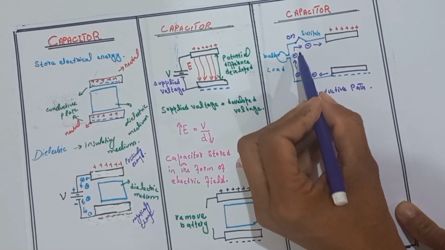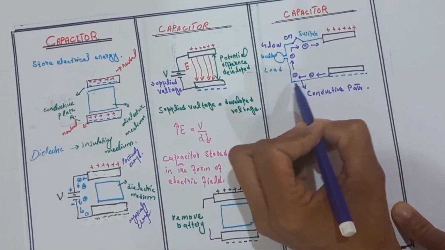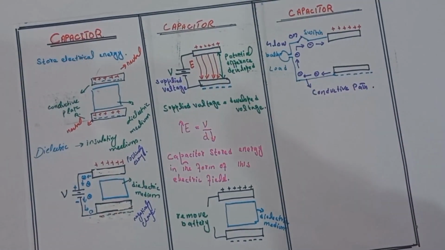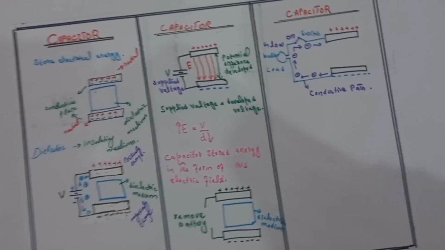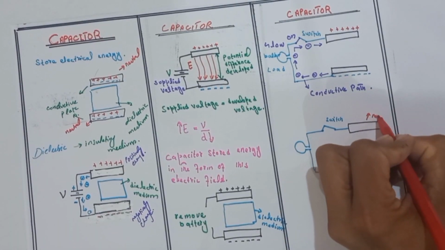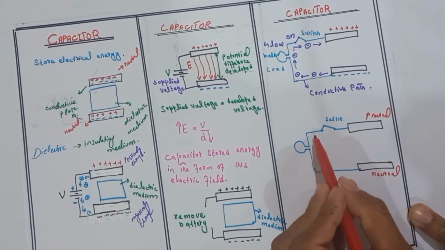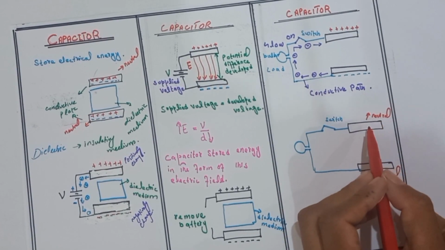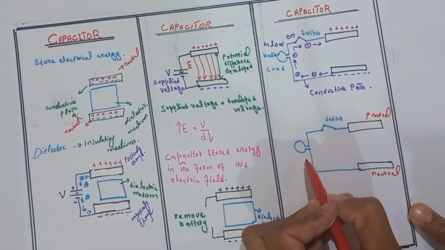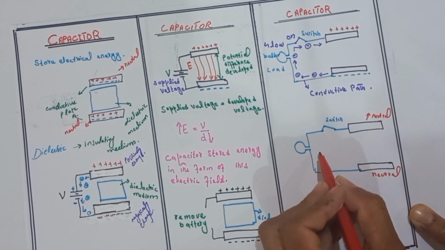Now, because of this flow of current, the bulb will glow. This procedure continues till both the conducting plates become neutral. All the electrons will flow through this conductive path and neutralize the conducting plate. So over a period of time, you will observe that the conducting plates become neutral, and there will be no flow of current through this circuit.